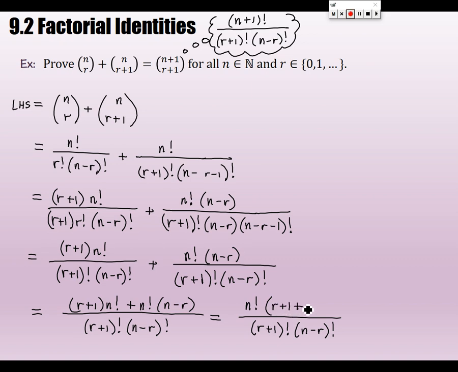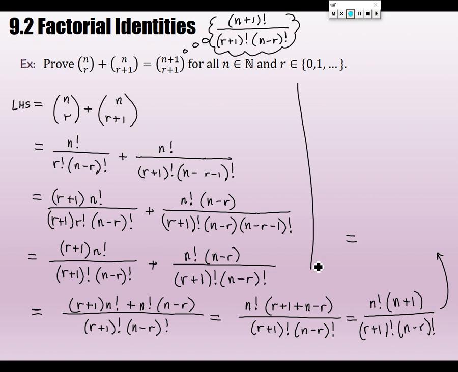and n minus r. Now I'm going to have to snake up the side of the board here, I apologize. But what does the numerator give? It's n factorial times what is that? N plus 1. We're going to keep going up here, going the side here.